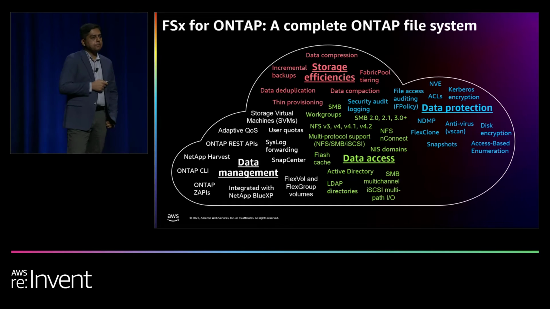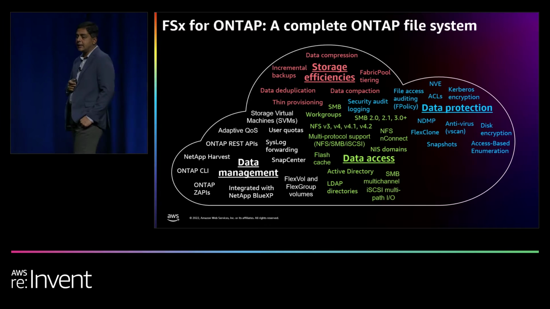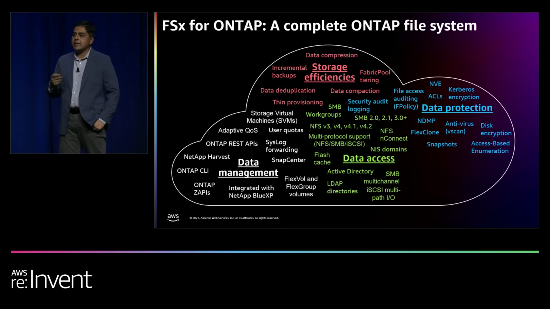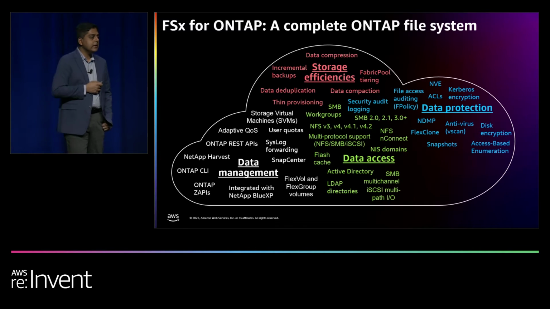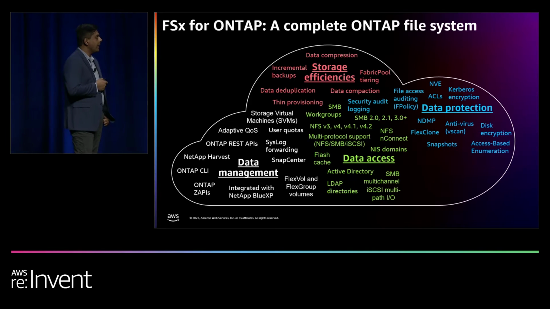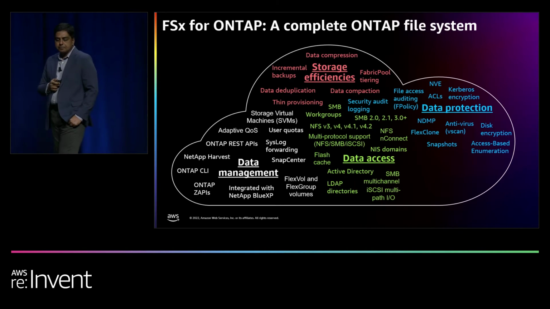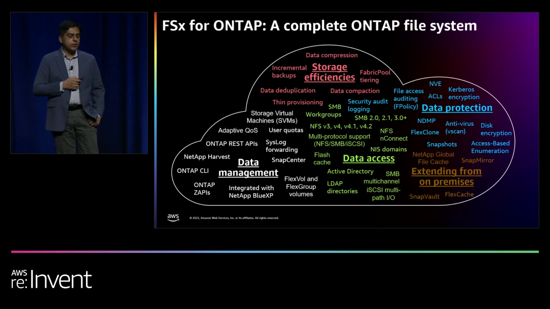And then another really important area that customers like a lot about ONTAP, that they would want to retain when they move NAS data over to the cloud, is the storage efficiency support it provides. Things like data deduplication, compression, thin provisioning, incremental backups, FabricPool tiering, all of these things. So it's really that full set of capabilities that you continue to enjoy.